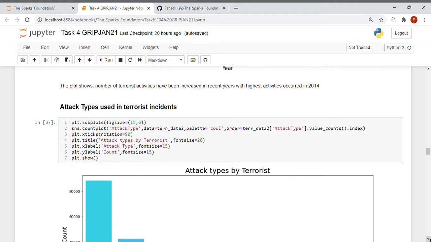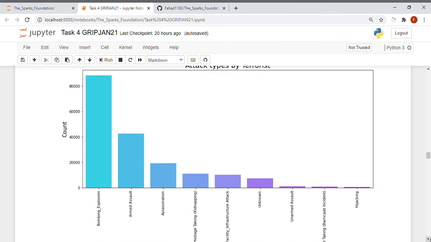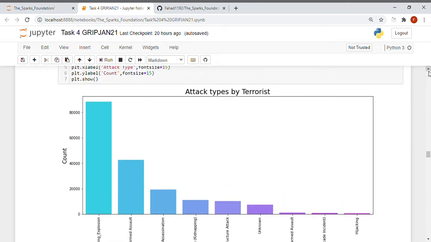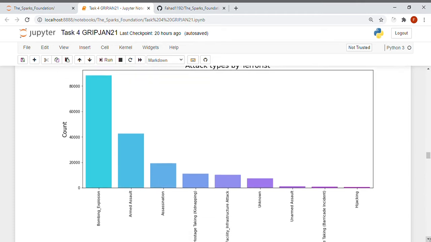Attack types of terrorist incidents. There are different types of attacks terrorists use in their violence.